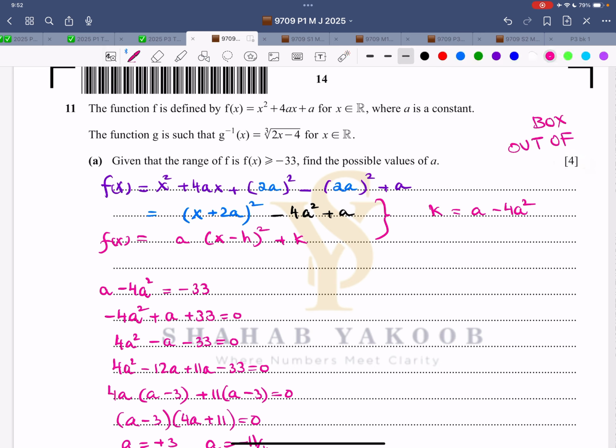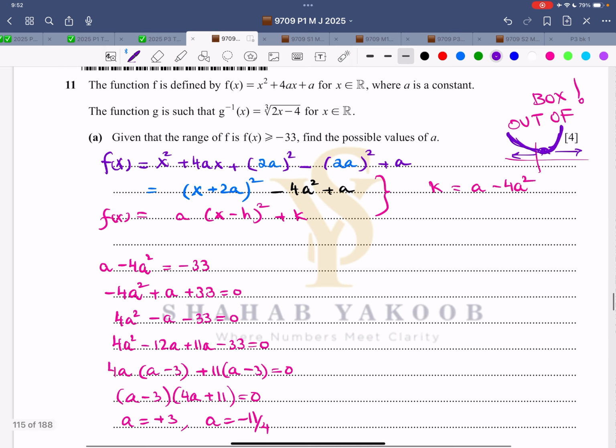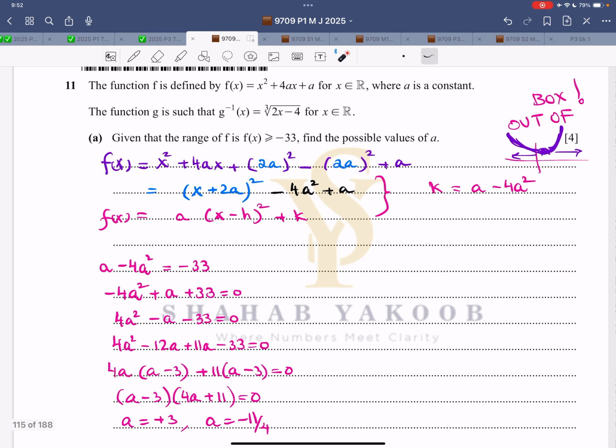You have to realize that when I draw a quadratic curve, whatever is the k value, if I go to the right, the y value would be on the increase, or if I go to the left, the y value would increase because the coefficient of x squared is positive. So all I did was convert it into the completed square form so that I'm interested in the y coordinate of the turning point.